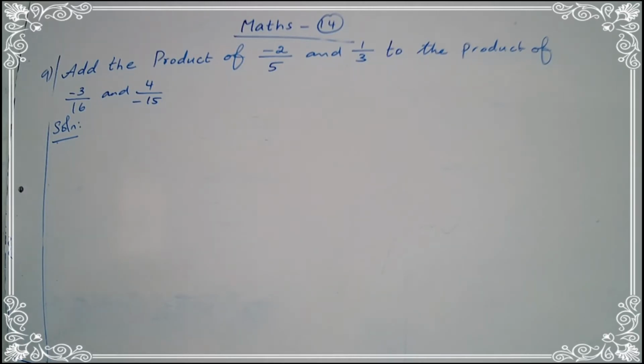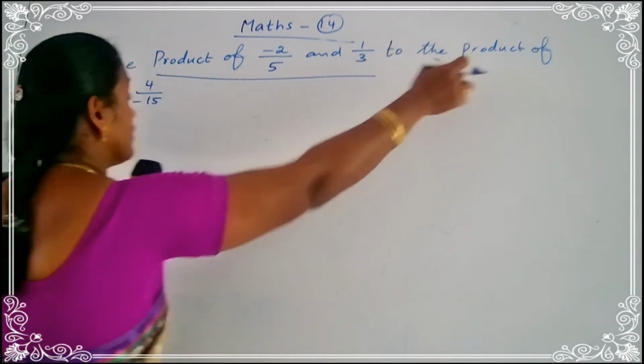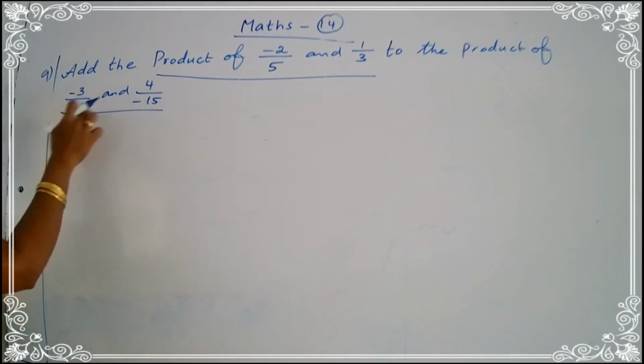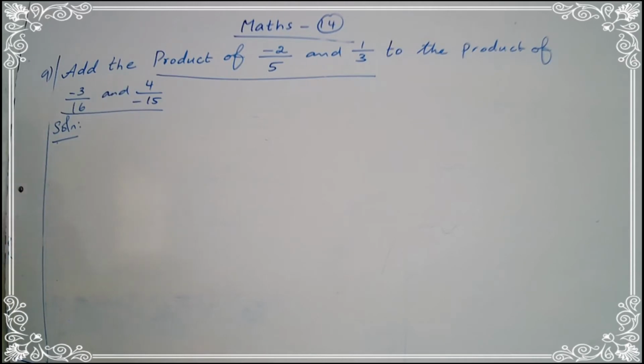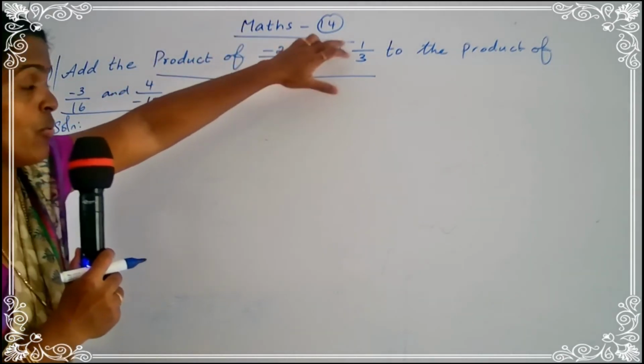Okay, very easy. First you understand the question. Add the product of minus 2 upon 5 and 1 upon 3 to the product of minus 3 upon 16 and 4 upon minus 5. So, what has been given in your question? You have to add. What should be added? The product of minus 2 upon 5 and 1 upon 3, with what should we add it?